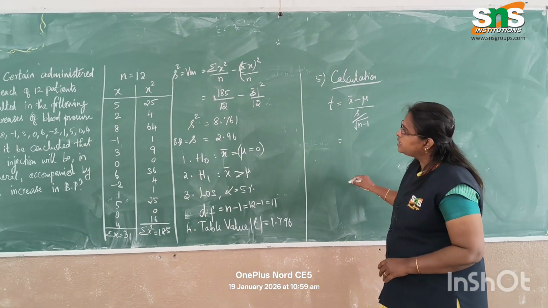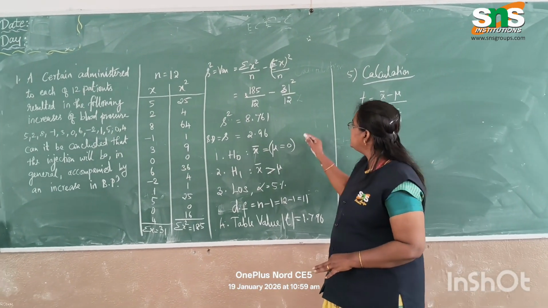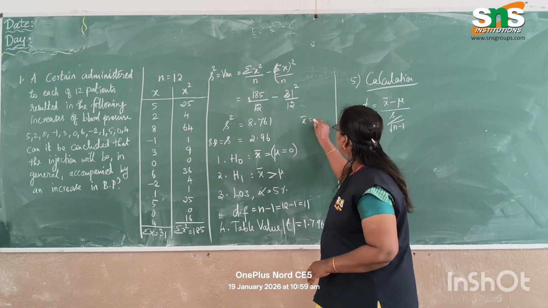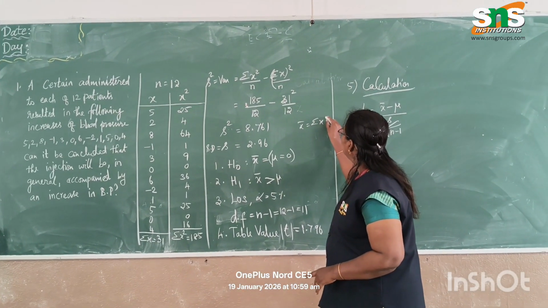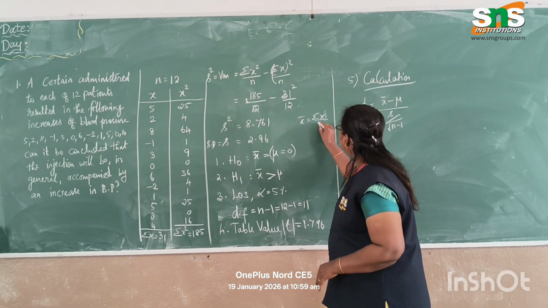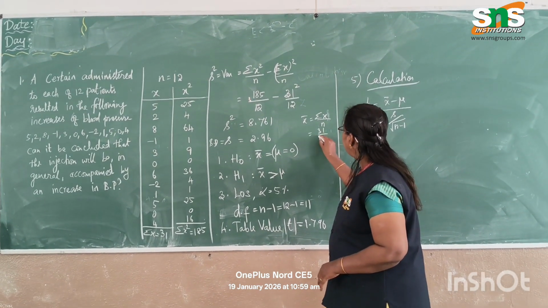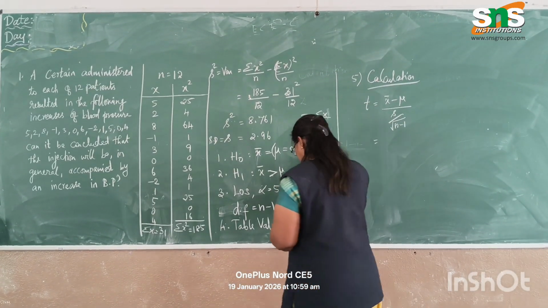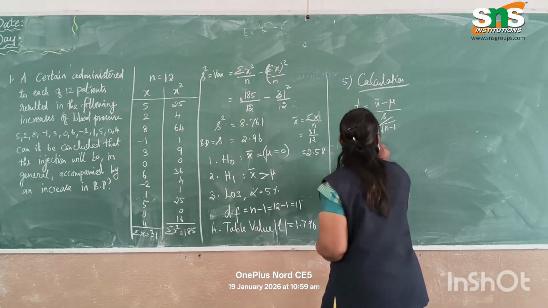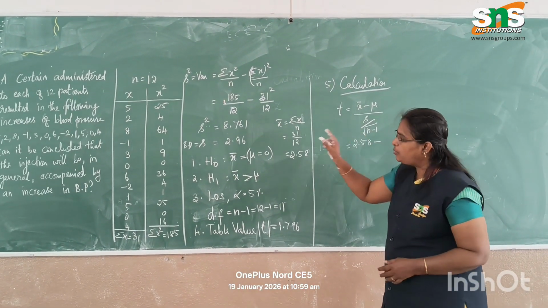So what is our x bar? x bar is summation x divided by n. That is summation x is 31 divided by 12, which is 2.58 gain. So here we write 2.58 gain minus our mu value.